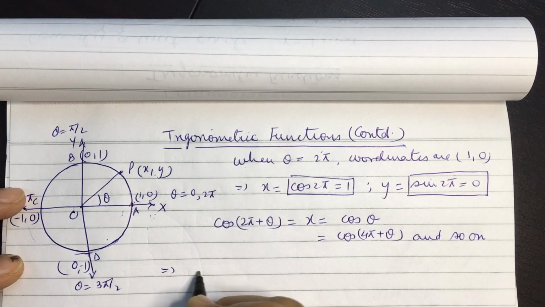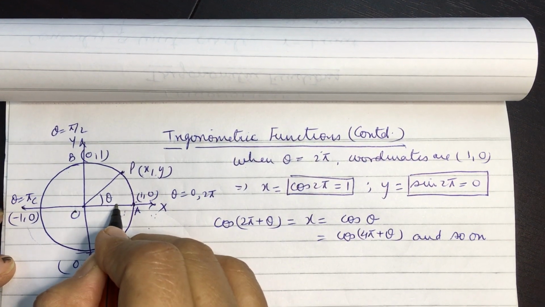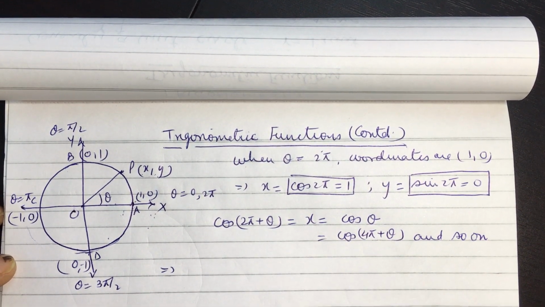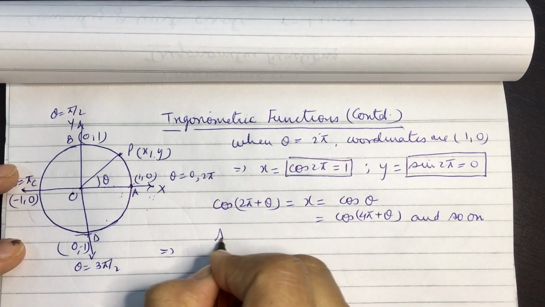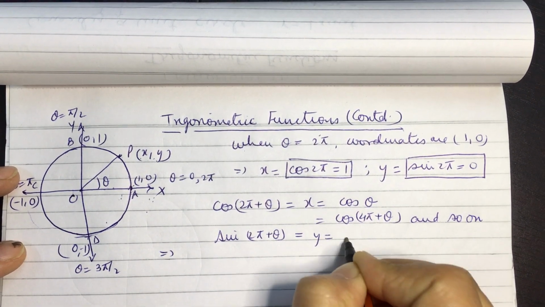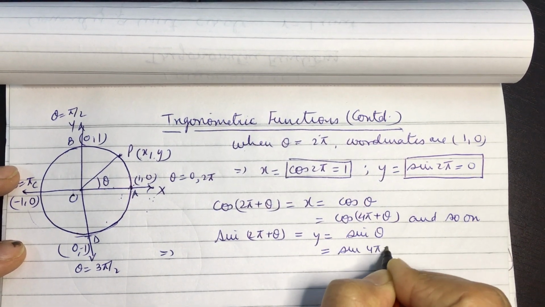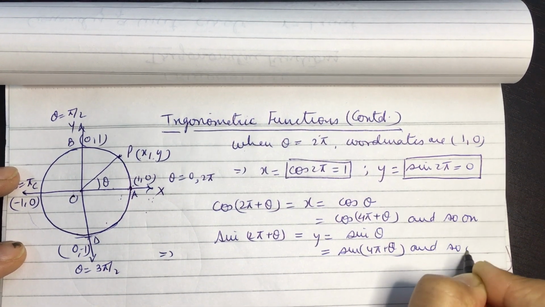No matter how many circles we execute, the values of sin and cos keep getting repeated. Similarly, sine of 2 pi plus theta equals y equals sine theta, equal to sine of 4 pi plus theta and so on.